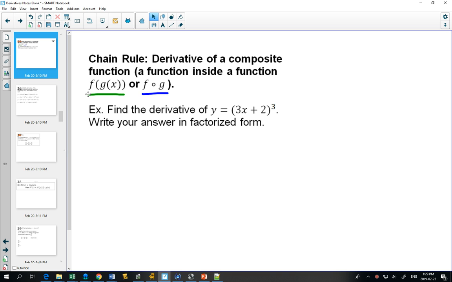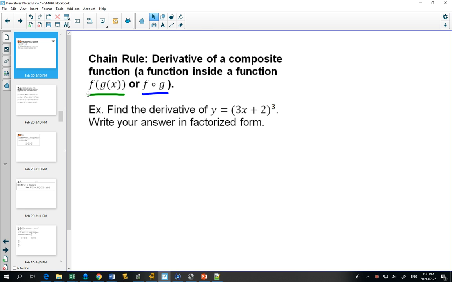Okay. Find the derivative of this. Now this is a composition of functions because we could see that the line 3x plus 2 is getting cubed. So we would say that the function 3x plus 2 is inside of another function, cubing.